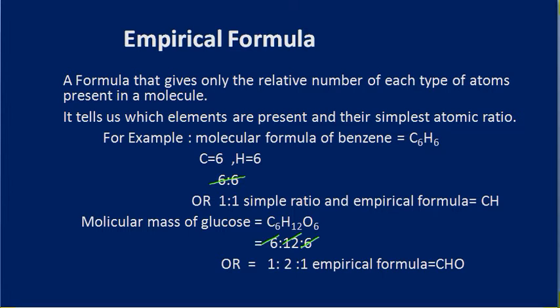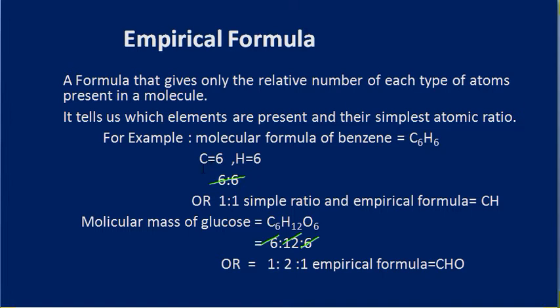For example, we will see the molecular formula of benzene. Its formula is C6H6. How many carbon atoms are present? 6. And how many hydrogen atoms? 6. The molecular formula tells us 6 atoms of carbon and 6 atoms of hydrogen.